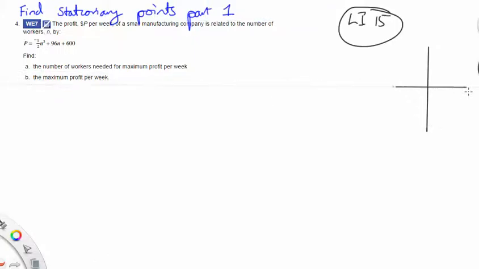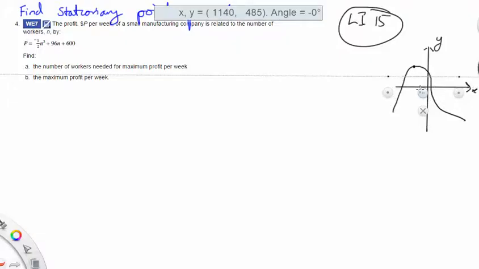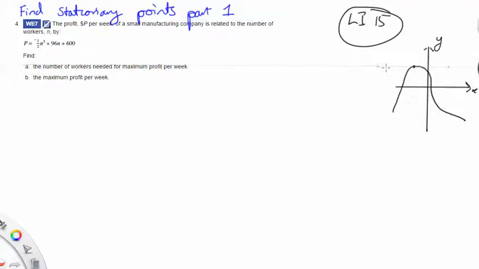That's when we say the curve is stationary. So if I have a curve that looks like this, it might have a stationary point there. And that's because if I draw the tangent line there, you can see that that tangent line has a gradient 0. So that's a stationary point.